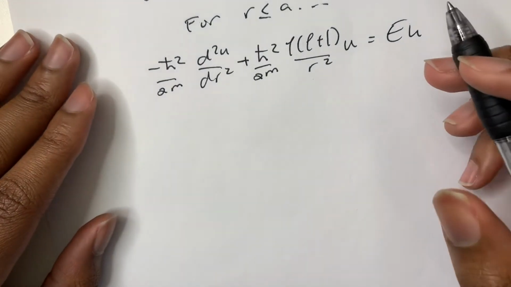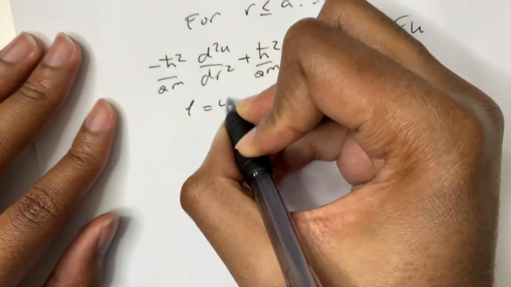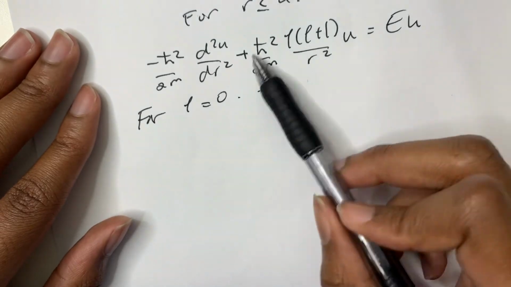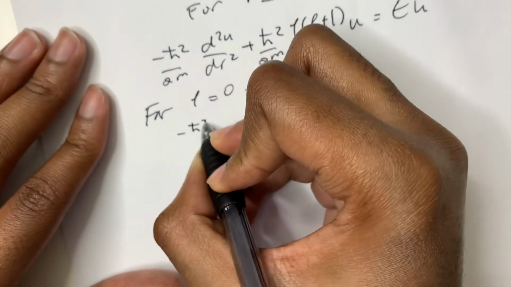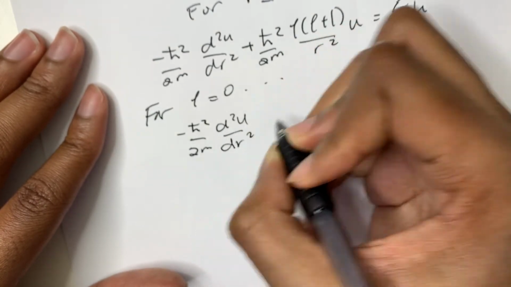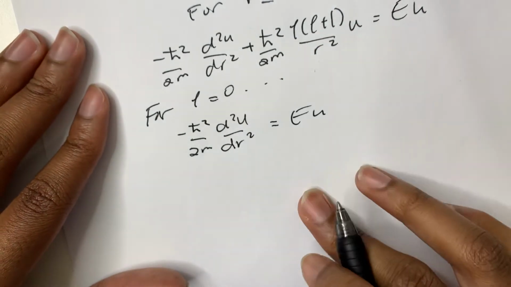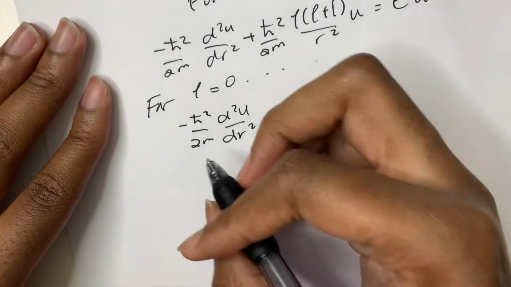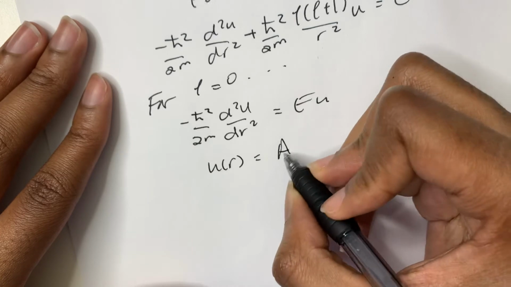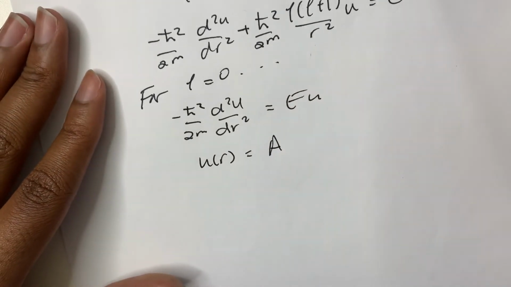So, let's consider the case where l is 0. Now, when l is 0, this whole term does go to 0. And you have minus h bar squared over 2m, the second derivative of u with respect to r, equals E u. And this is just the free particle wave equation. So we have u of r, let's write it in terms of sinusoids.